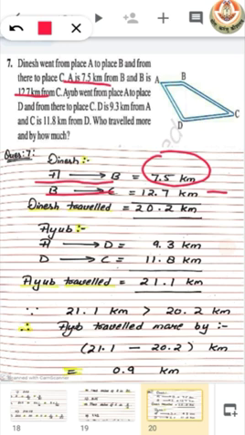So that means Dinesh traveled total how many kilometers? For this we have to add both the distances. So we get the answer 20.2 kilometers.